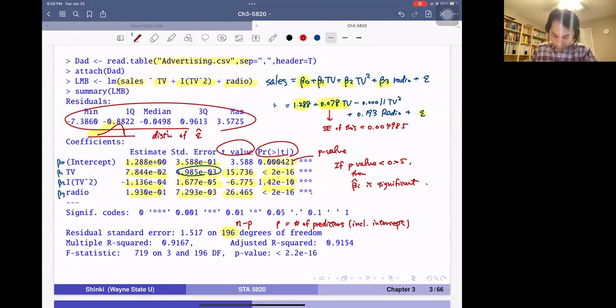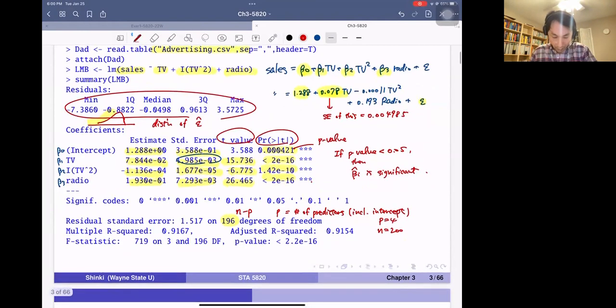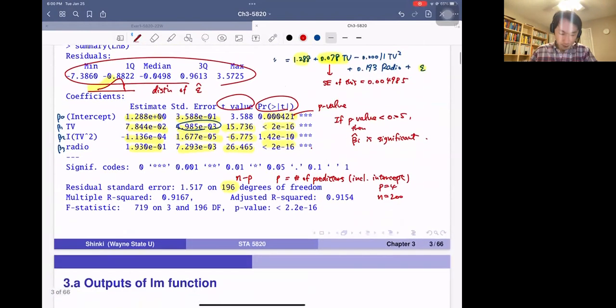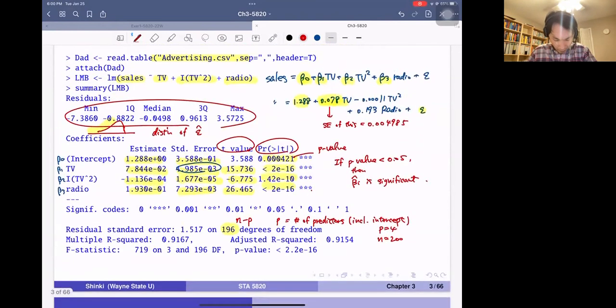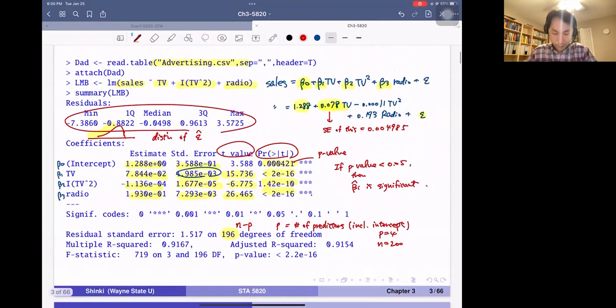So p is 4, so n is 200. Other quantities I will explain in the following slides. Do you have any questions so far?